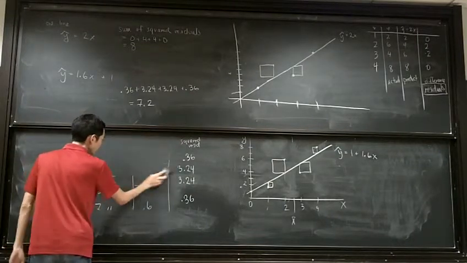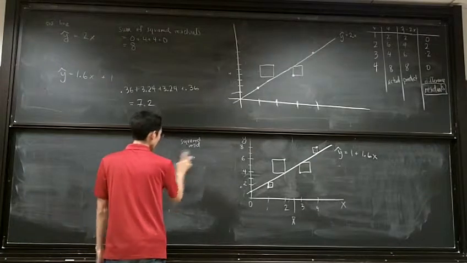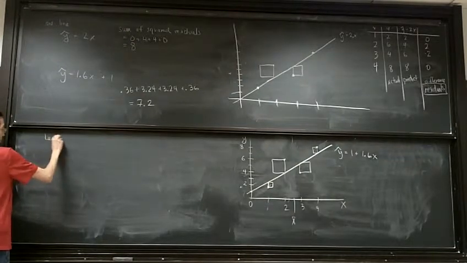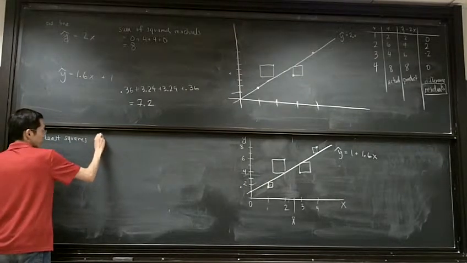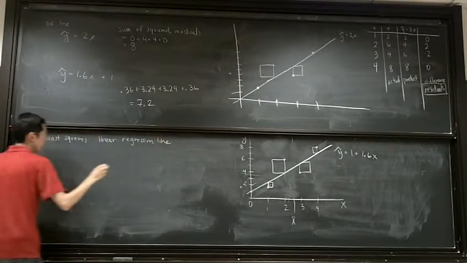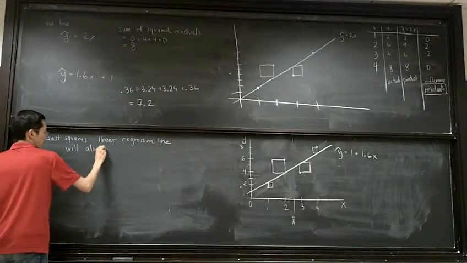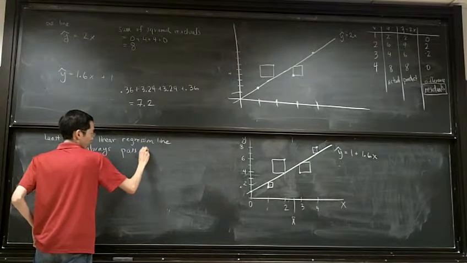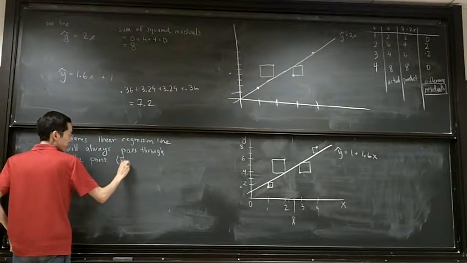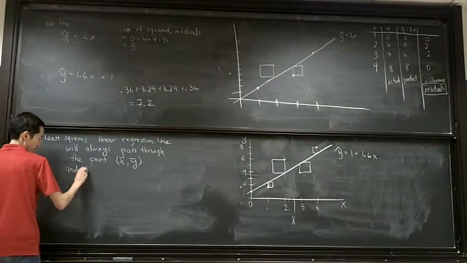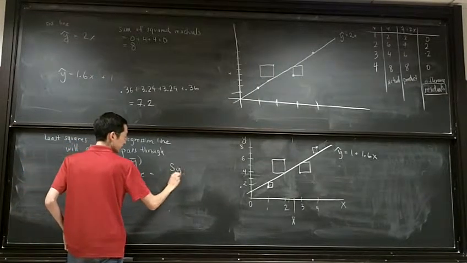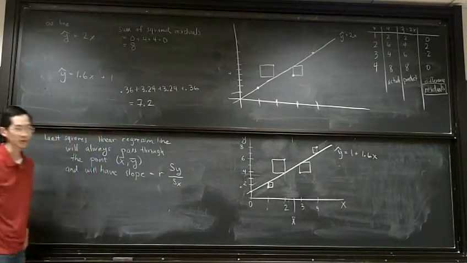They said, if you want to create the least squares regression line, least squares linear regression will always pass through the point x bar, y bar, and will have the slope: standard deviation of y divided by the standard deviation of x, times r. Okay.